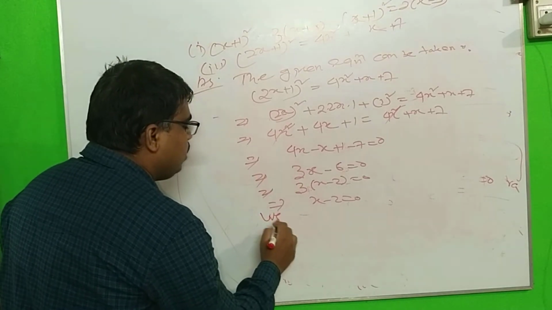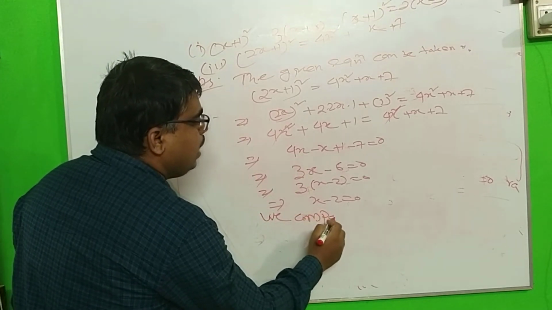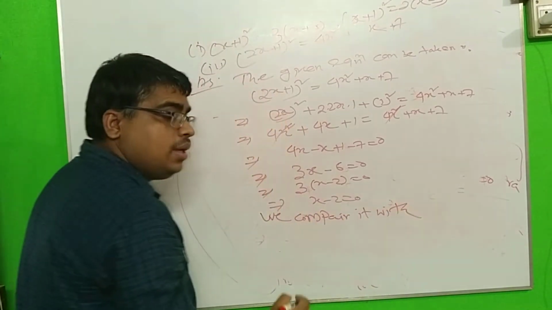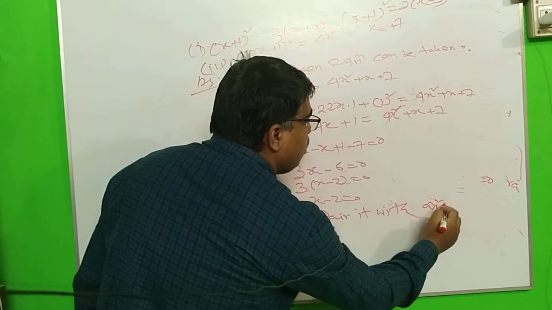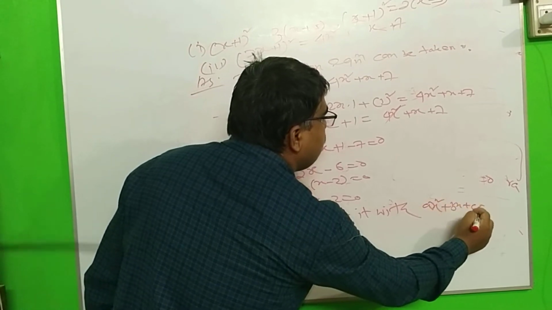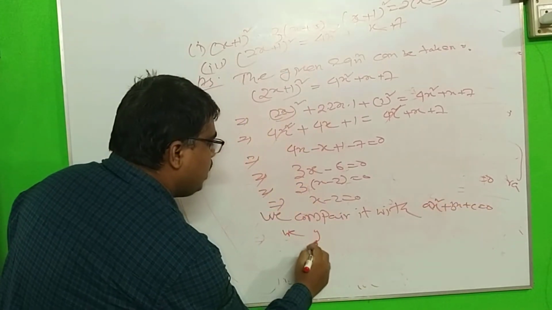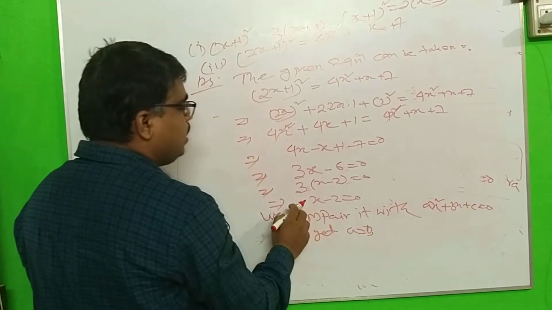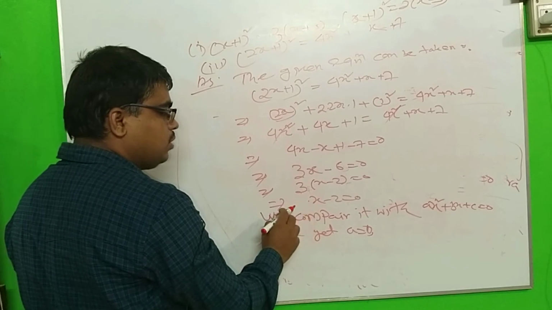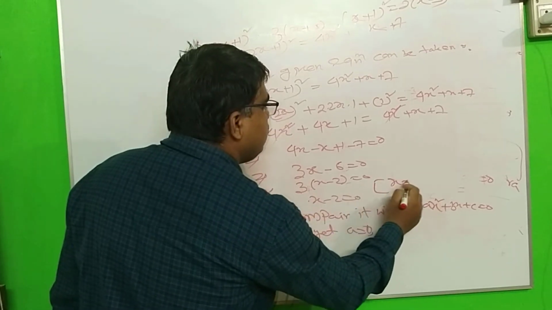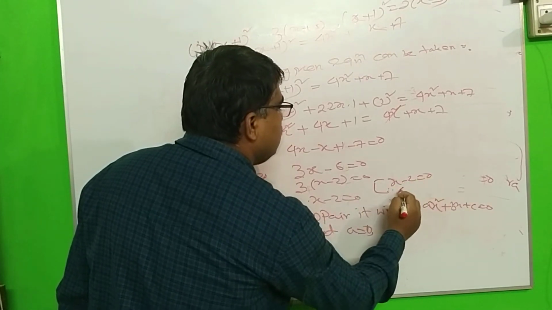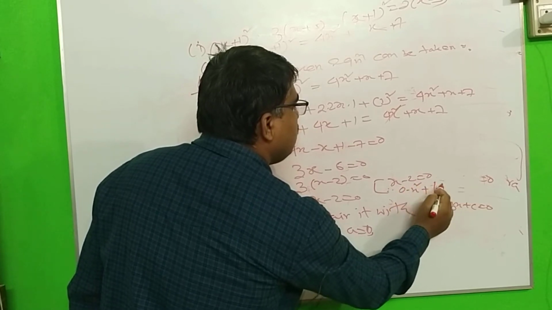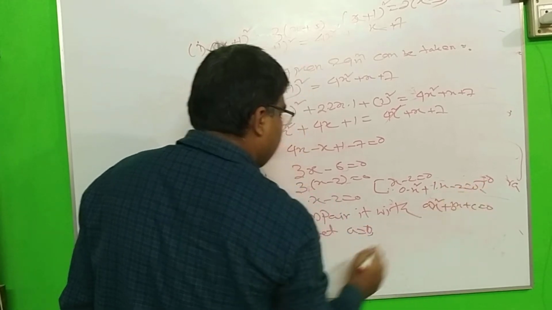We compare it with ax square plus bx plus c equal to 0. We get a equal to 0, since there is no coefficient of x square. That is x minus 2 equal to 0, that is 0 into x square plus 1 into x minus 2 equal to 0.